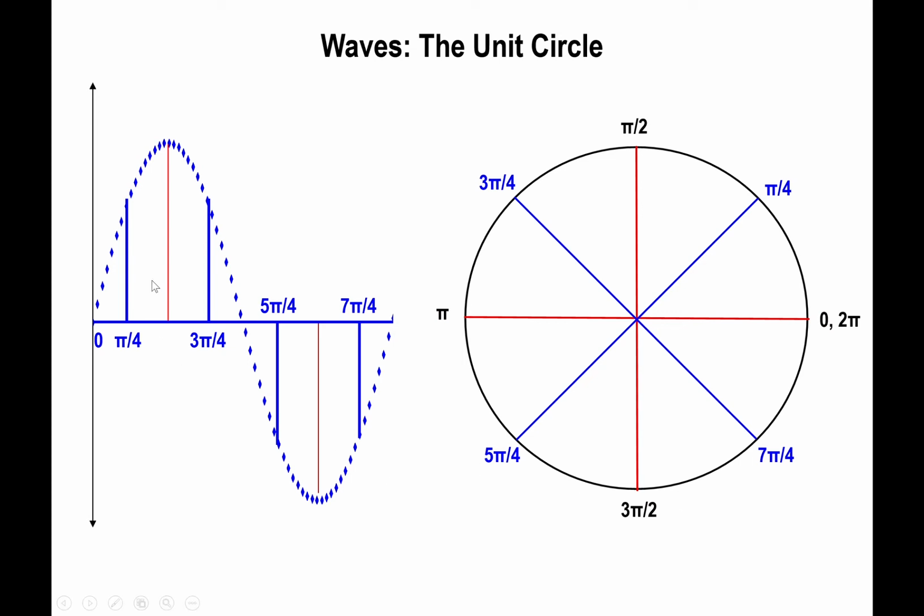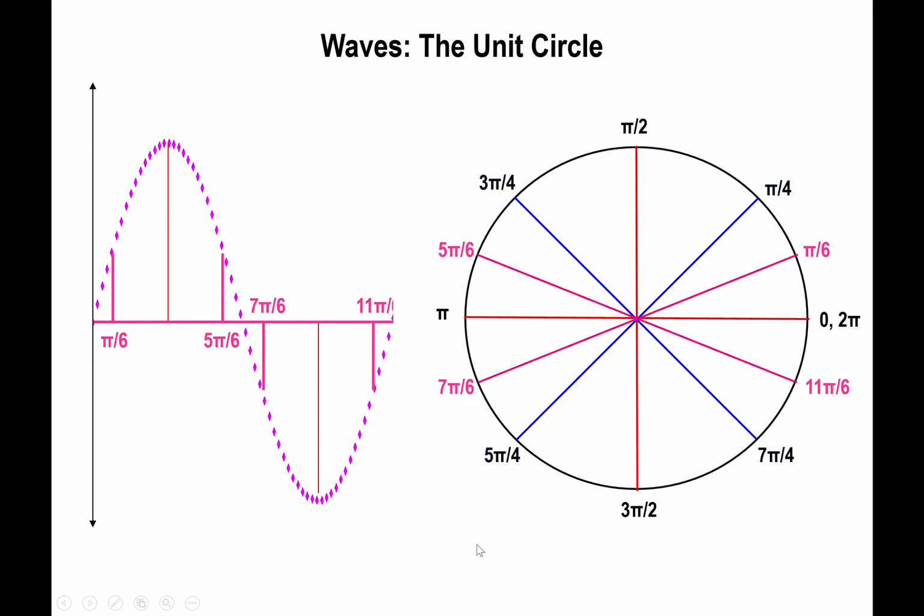And then we start looking at the intermediate points, specifically the half points: pi over 4, 3 pi over 4, 5 pi over 4, 7 pi over 4. They happen exactly midway between the origin, the x-axis, and the crest or trough of the wave. And those are basically the midpoints also on your unit circle. You may also remember your pi over 6s, which are closer to the x-axis.